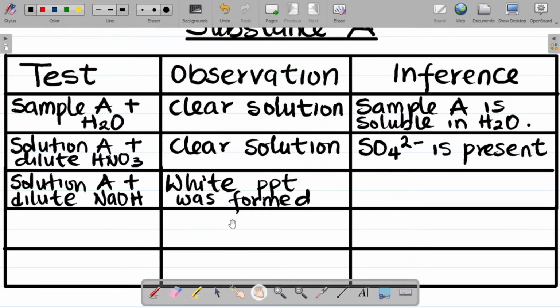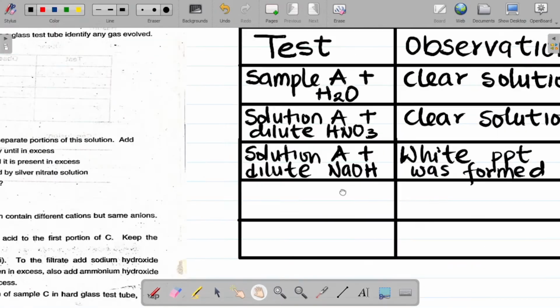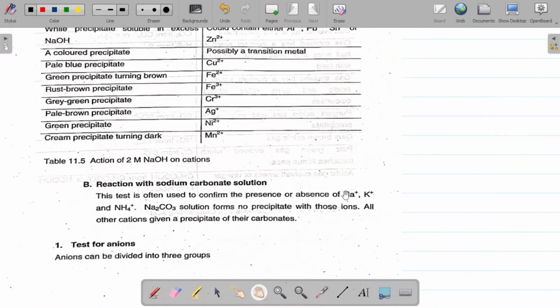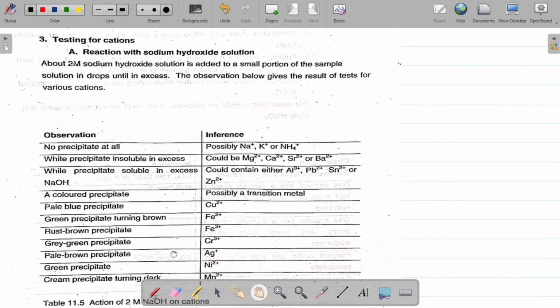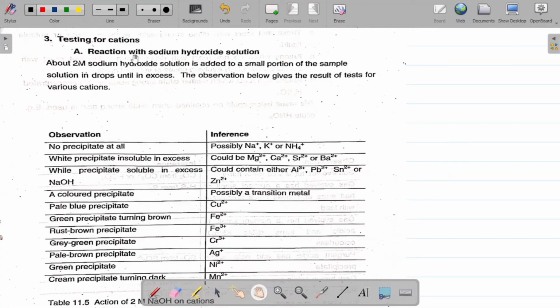Now let me show you how this inference works. These inferences are not just guesswork. If you go back to your manual and look at the tests for anions and cations, there's a page that talks about testing for cations.